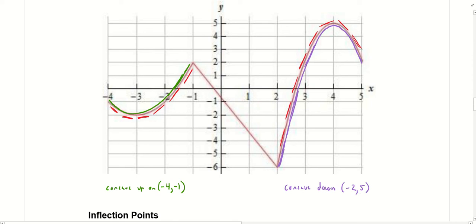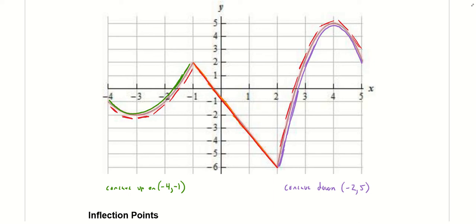Now, an interesting thing about this particular function is what's going on between -1 and 2, this straight line here. If I were to draw the tangent line to this diagonal line, it would sit directly on the function, right? So the tangent line is exactly equal to the function along here. All that would mean is the function is neither concave up nor concave down.